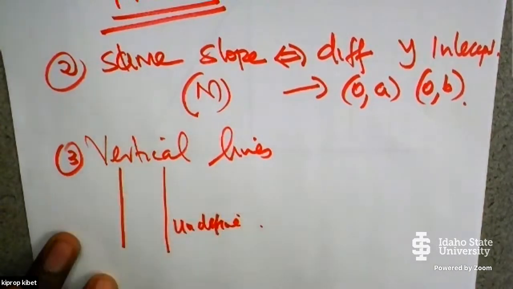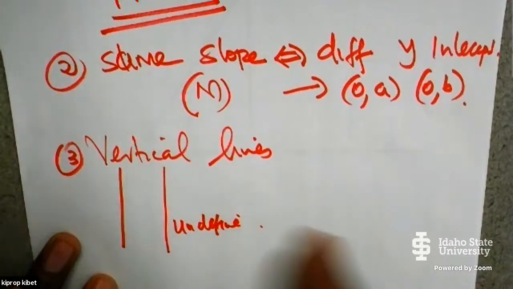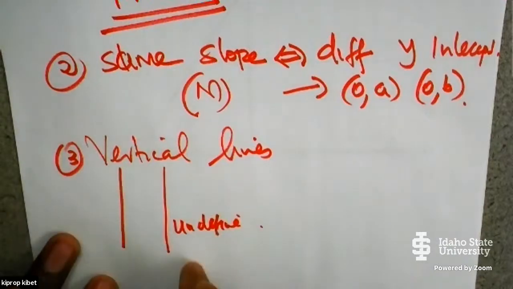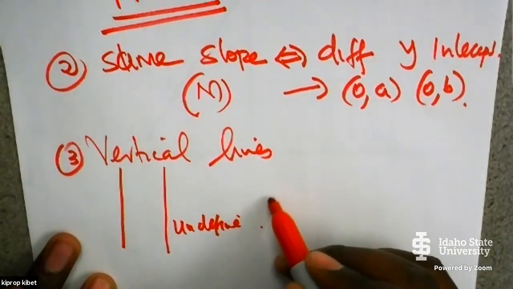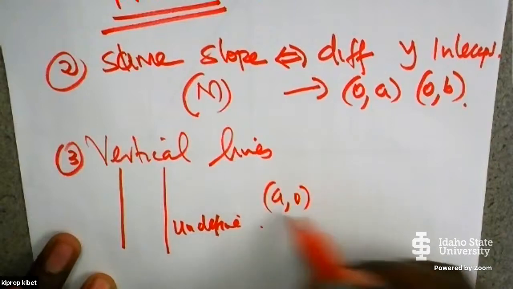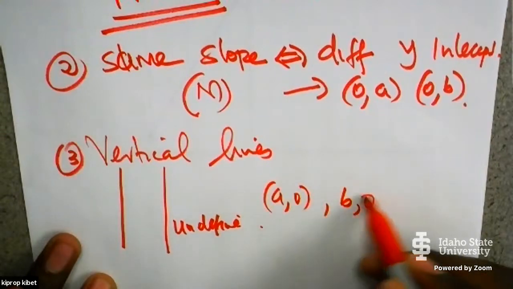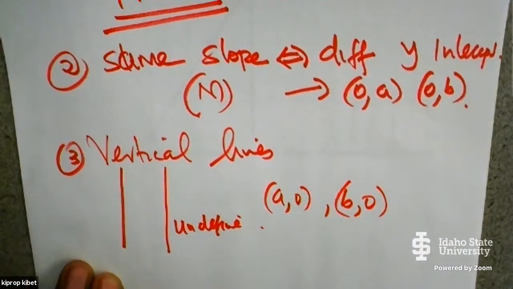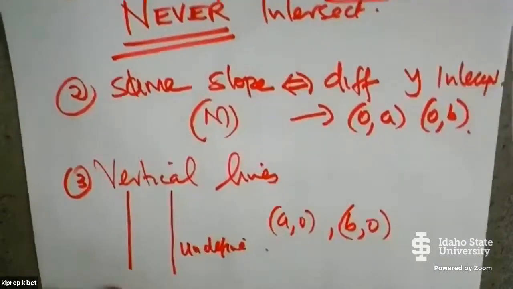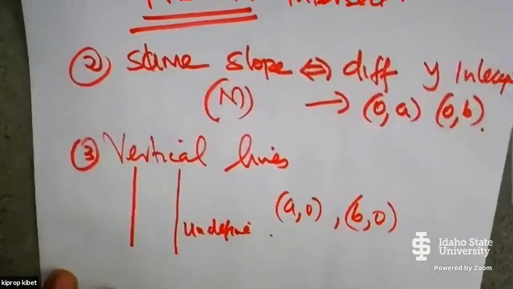If you have two different vertical lines and they don't meet, they are still parallel. Because they cannot meet, that means the x values are different. So you can have a, 0 and b, 0. So you have different x-intercepts. So those are the parallel lines.